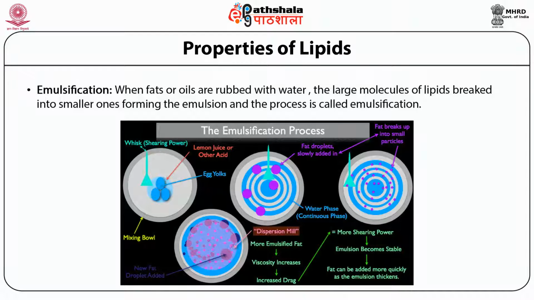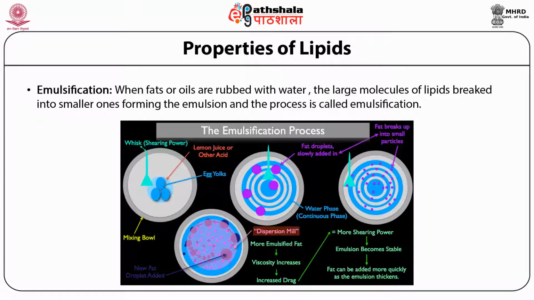Emulsification is another important property of lipids, and this property takes place when fats or oils are rubbed with water. The large molecules of lipids are broken down into smaller molecules, resulting in the formation of an emulsion. The entire phenomenon or process is called the emulsification process.